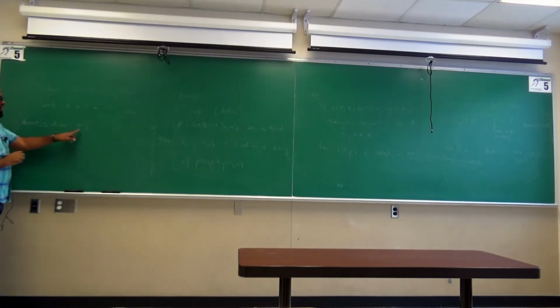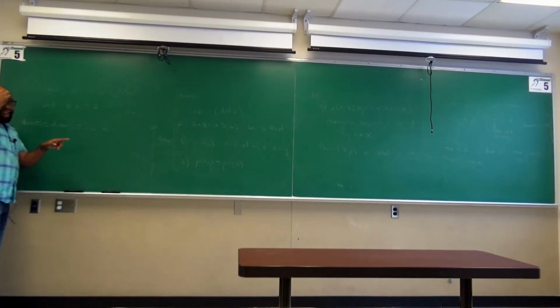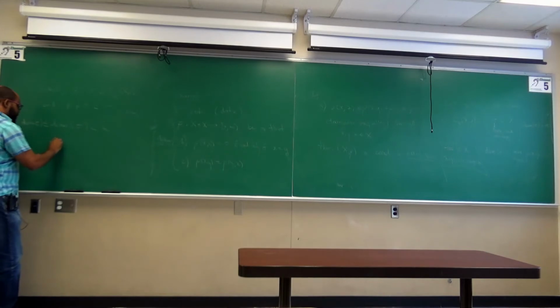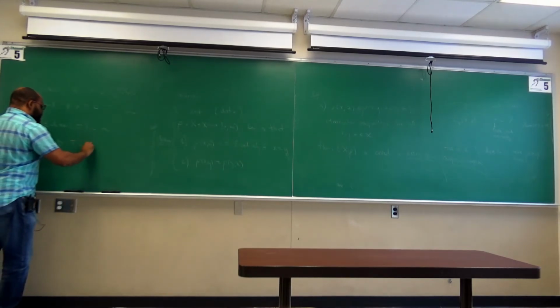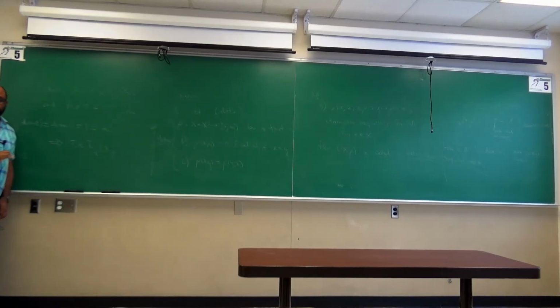Since this is in here, it means that this is less than alpha, and therefore tau is also in here. So it is an abstract simplicial complex. We've checked the two properties we needed.